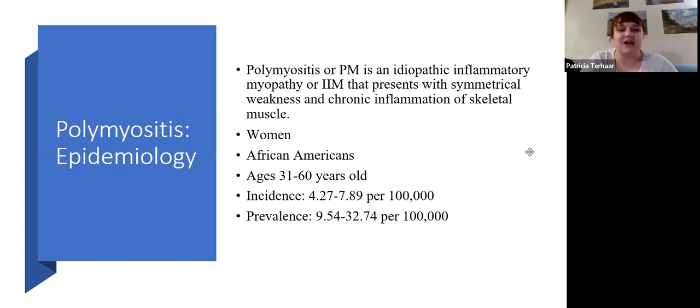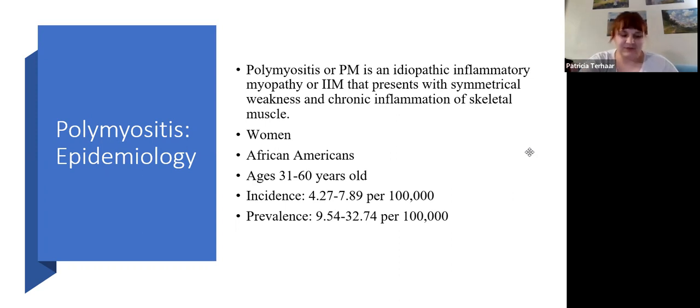PM is most common in women and African Americans. It most commonly occurs between the ages of 31 and 60 years old. It has an incidence of 4.27 to 7.89 per 100,000 people and a prevalence of 9.54 to 32.74 per 100,000 people. Now, usually PM is pretty overdiagnosed.